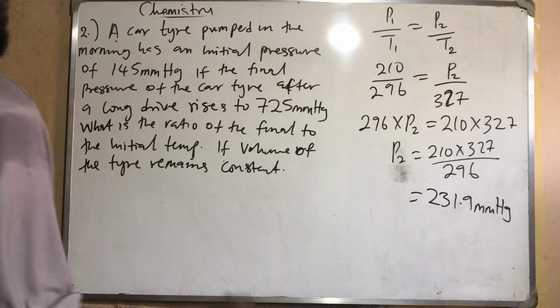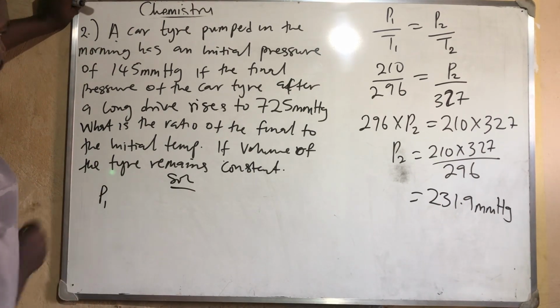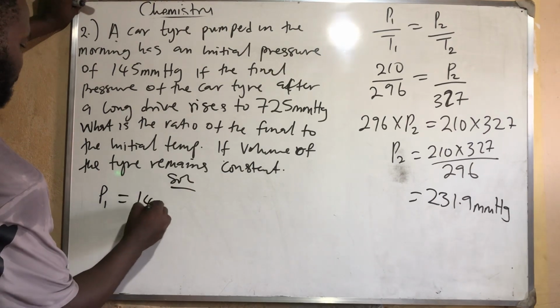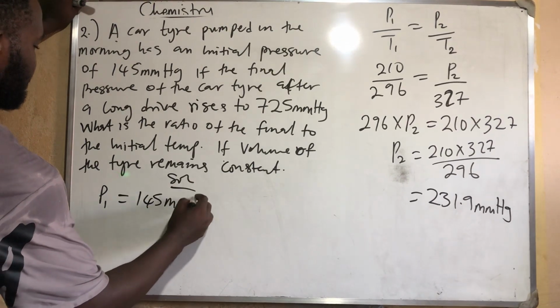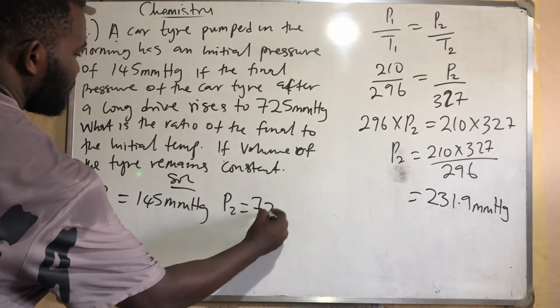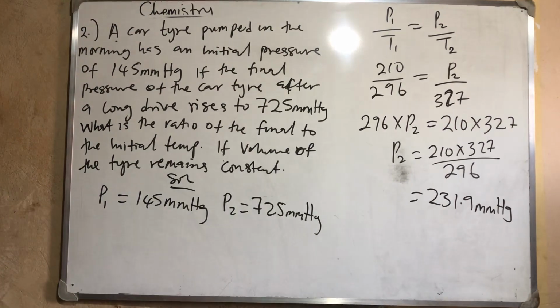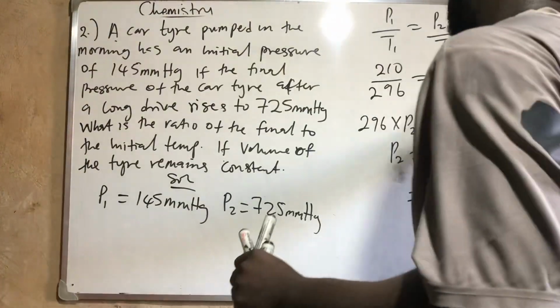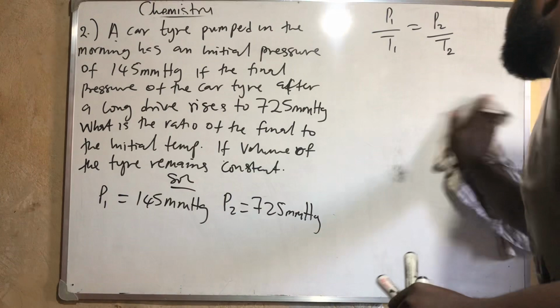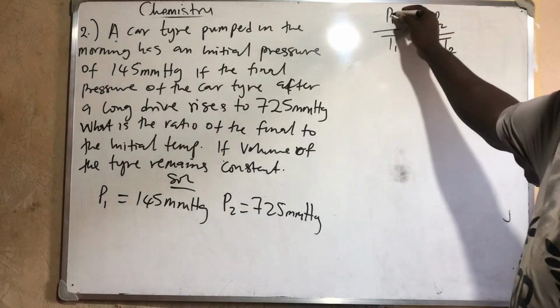Okay, so solution, this is very simple. They gave me the first pressure, P1, which is equal to 145 millimeter mercury, and P2, which is equal to 725 millimeter mercury. Since they are asking me the ratio, I still know my formula: P1 over T1 is equal to P2 over T2.